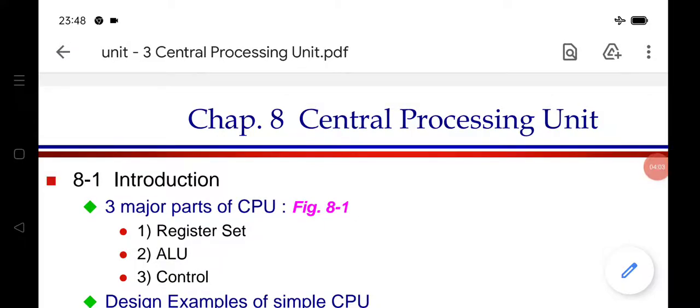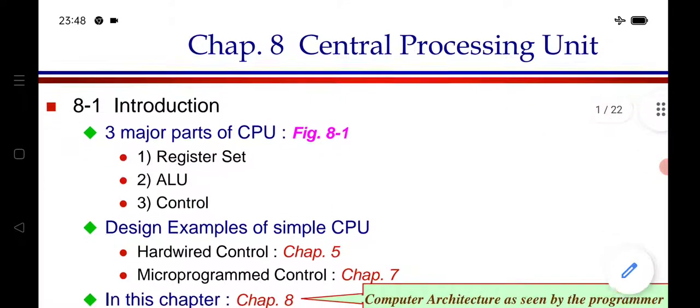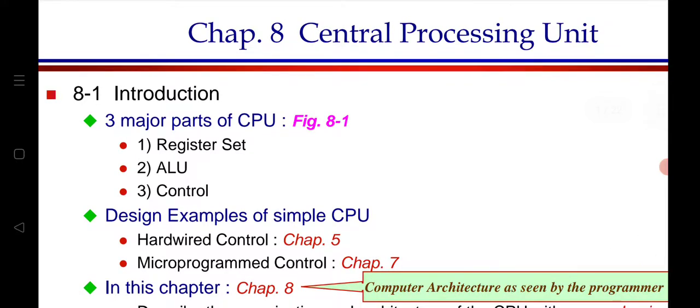Come to our third unit, central processing unit. In this central processing unit, let us start with an introduction. Whenever we talk about the CPU, a CPU basically consists of three major parts. What are those three major parts? One is the register set, the second is the ALU, and the third is the control unit.